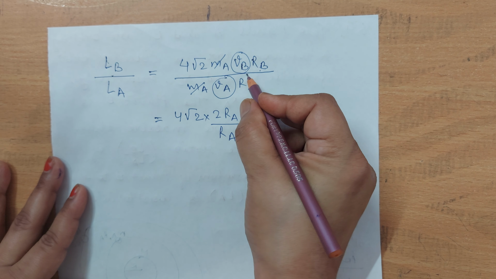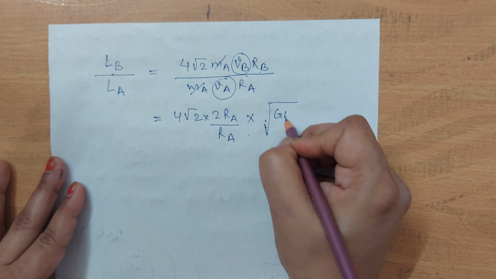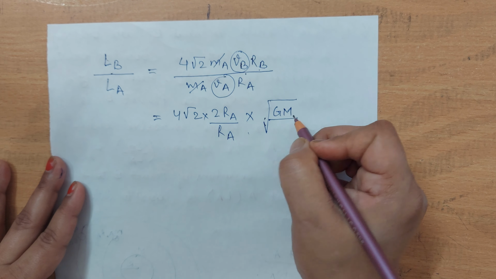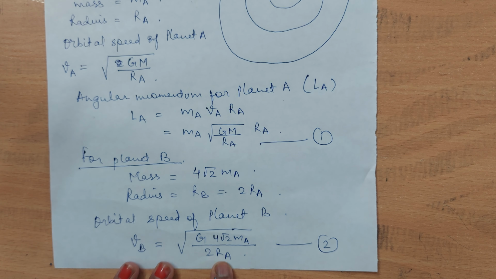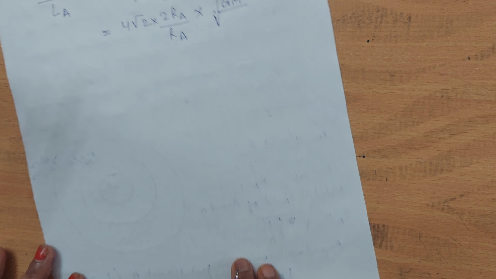And Vb is equal to root under GM by 2Ra.